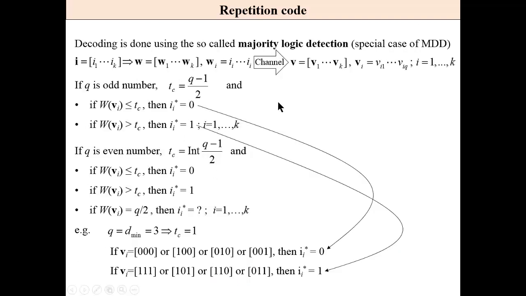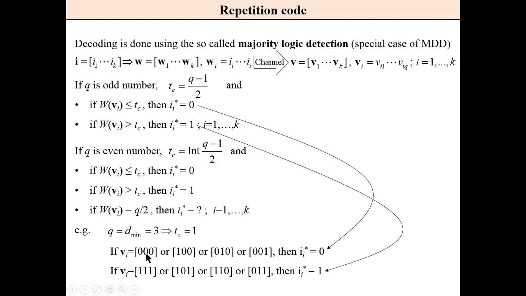Decoding is done using the so-called majority logic detection. If q is an odd number, then if the weight of the received word is less than or equal to tc, we may correct this to 0, and if greater than tc, to 1.